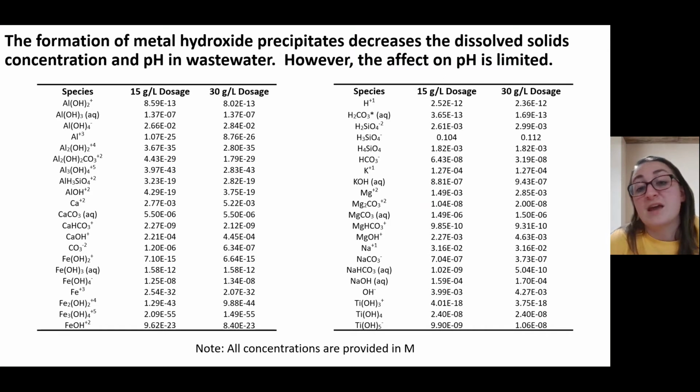However, the effect on pH as a whole is limited, and provided here are all of my output results at the 15 grams per liter and 30 grams per liter fly ash dosages. And these are all of the species that are present at the final equilibrium of the treated industrial wastewater system.